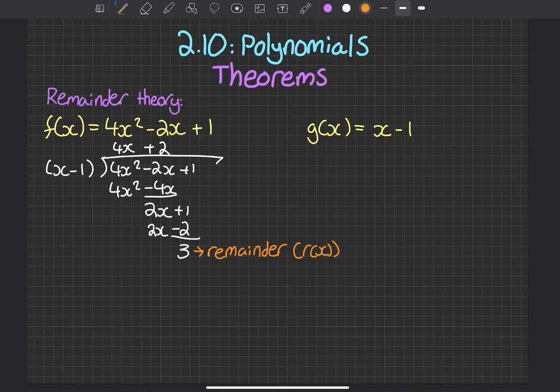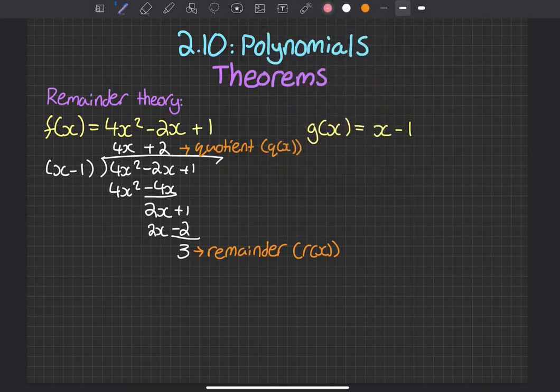Now we have the remainder, right? And this number here, which we got, the answer, we call that the quotient, or q of x, okay? And now we have f of x, g of x, q of x, and r of x.